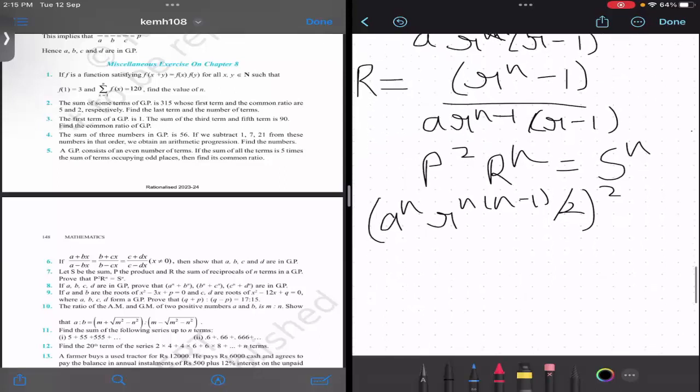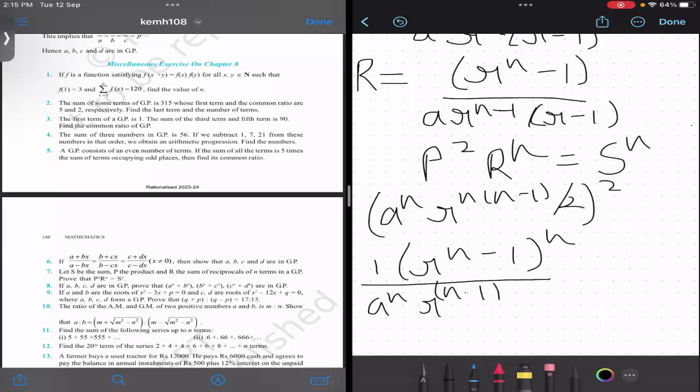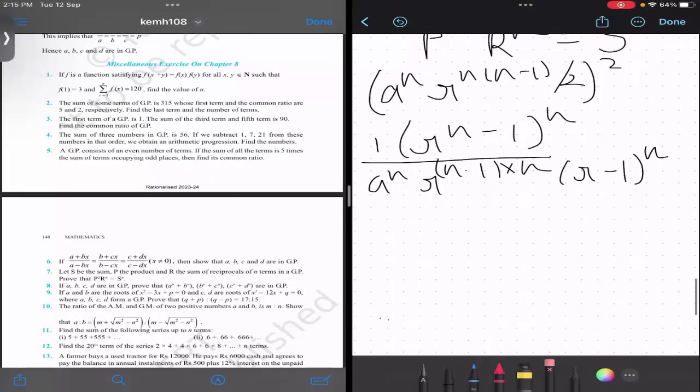And R raised to power n would be r raised to power n minus 1 upon a raised to power n, r raised to power n minus 1 into n, and r minus 1 raised to power n. How did we get this? We got this by doing nothing but raising the summation R we got in the previous equation to the power n. Right. Now let us write all of this in one line and see what we get.